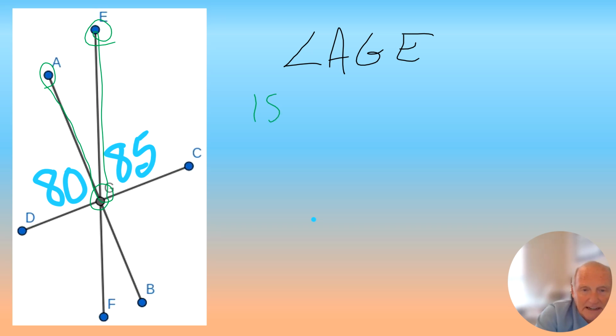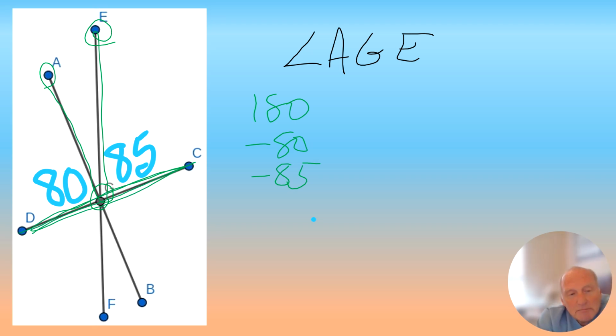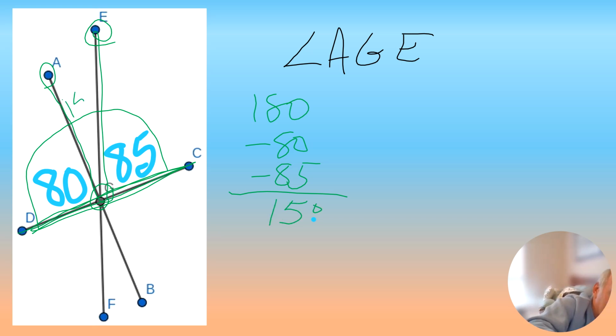We've got 180 degrees. We're going to subtract 80, and then we're going to subtract 85 because I have a straight line right here. And so these 3 angles together are going to make a straight line. So if I can subtract those, I'm going to end up with 15 degrees is all that's left for this guy right there.